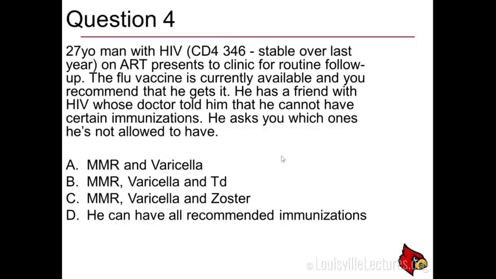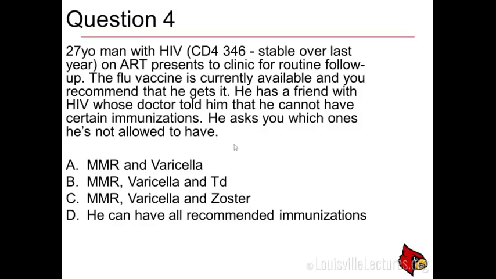He has a friend who also has HIV whose doctor told him he cannot get certain immunizations, and so he asked you which ones he's not allowed to have. The options are: A, MMR and varicella; B, MMR, varicella, and Tdap or the booster; C, MMR, varicella, and zoster; or D, he can get all recommended immunizations.